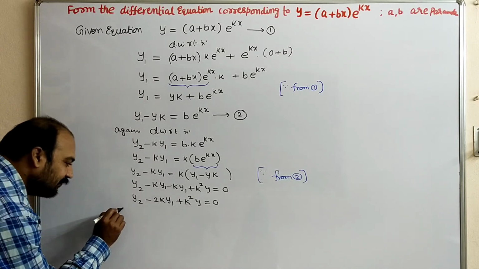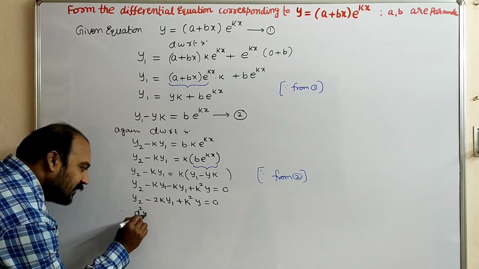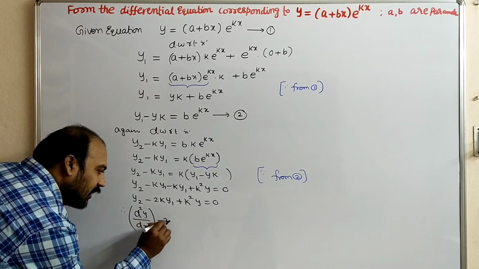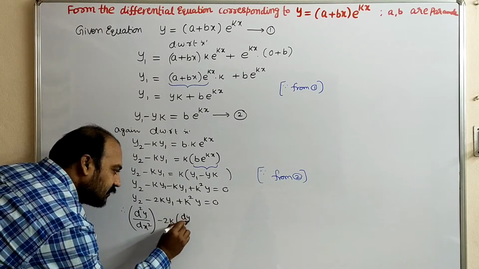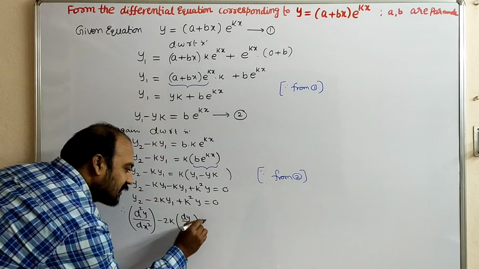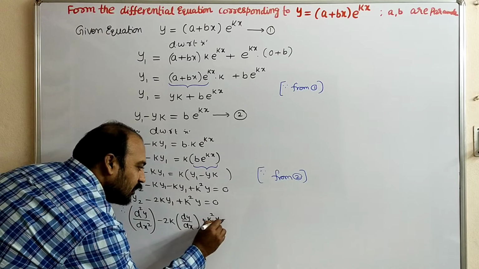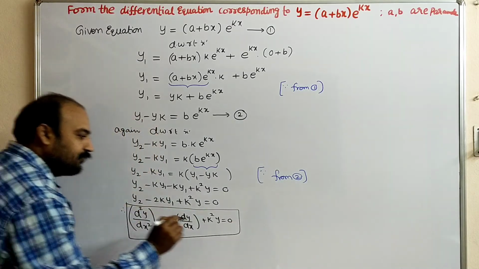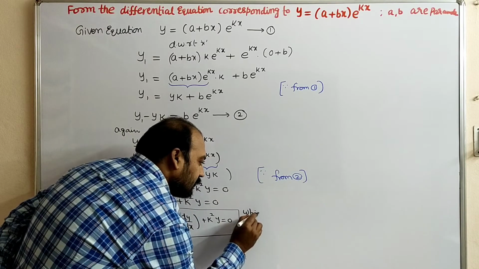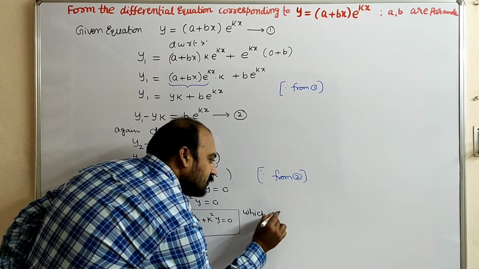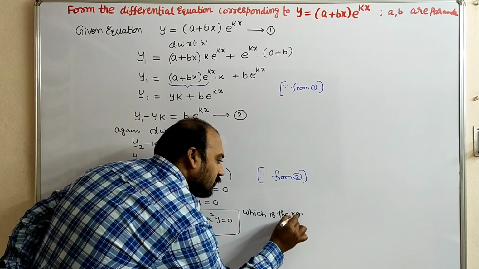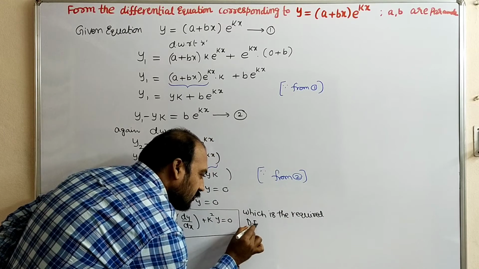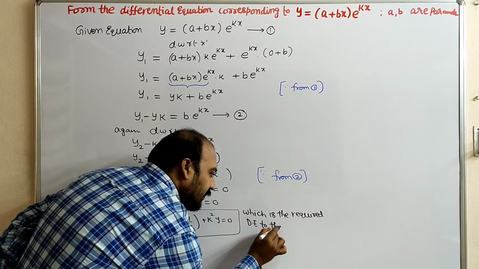So d square y by dx square minus 2k into dy by dx plus k square y equal to 0, which is the required differential equation to the given equation.